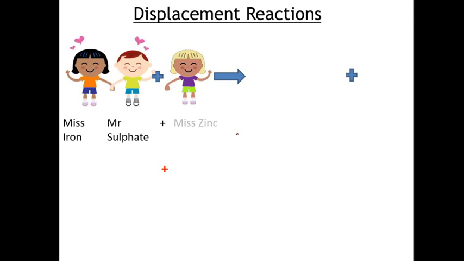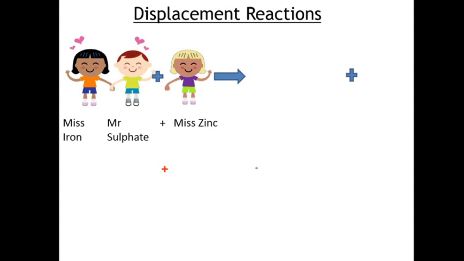So here we've got little Miss Iron and Mr. Sulfate. Look at them holding hands. Aren't they so cute? Here comes Miss Zinc. Look at her with her purple t-shirt and yellow hair. Wow, isn't she pretty? She's got a good tan as well. They both do. Uh-oh.